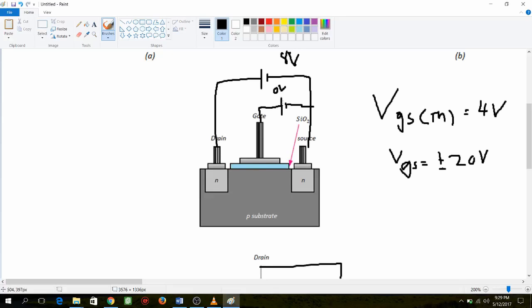Now if I increase my gate voltage here, I increase this to 1 volt, 2 volt, 3 volt, for example. Now this is positive, the electrons will be attracted to the gate and thus forming a channel.